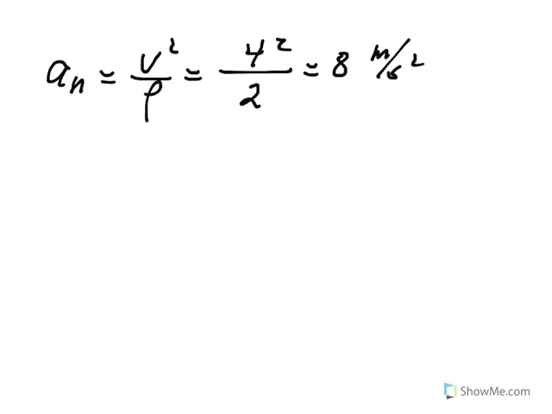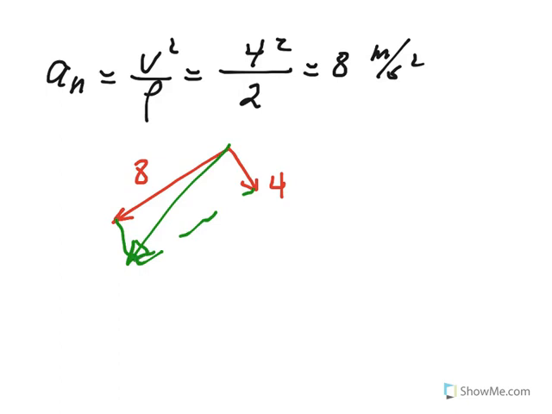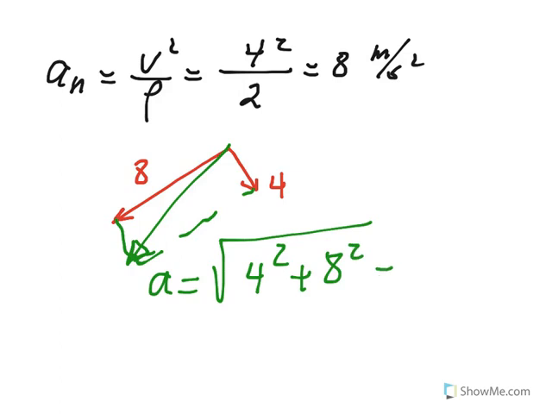So this is the tangential component of 4, and we have a normal component which is twice as much, 8. So the magnitude of acceleration at that instant would be the resultant of these two components, something like this. And that would be square root of 4 squared plus 8 squared. And the magnitude of acceleration at that instance comes out to be 8.94 meters per second squared.